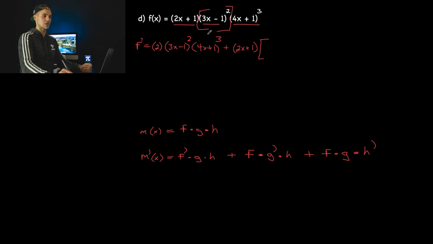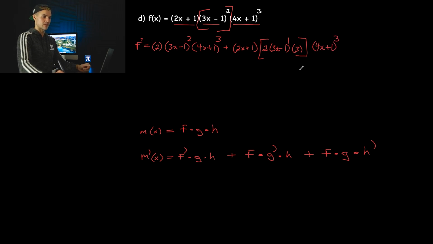Notice we're going to have to do the chain rule on that, because we have an inner function 3x minus 1 to the power of 2. So that power of 2 is the outer function. We would bring the 2 down, keep the inner function the same, subtract 1 from the exponent, then multiply the derivative of the inner function, 3x minus 1 is just 3, like that, times the third function, left as is.